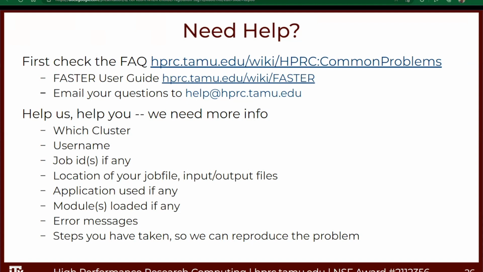We will try to resolve the issues for you. And when you submit the email, please try to include the cluster that you're using, your username, the job IDs that have failed if you have them, and whatever application that you're using. These steps make it easy for us to understand the issue faster, and we'll be able to provide faster guidance to you.